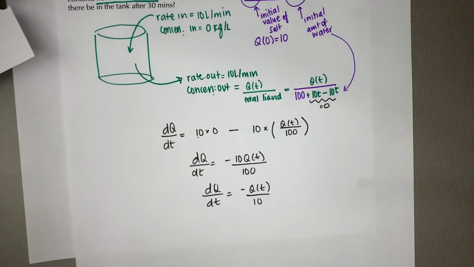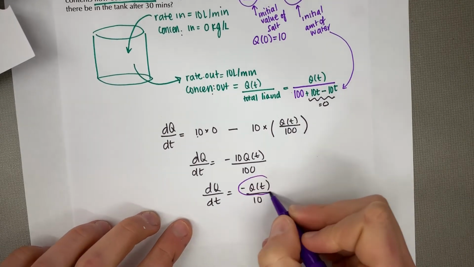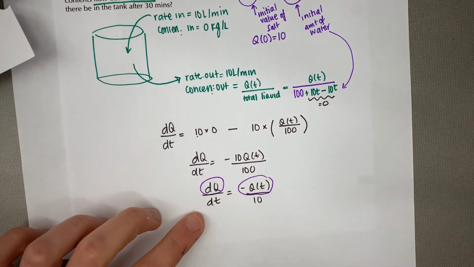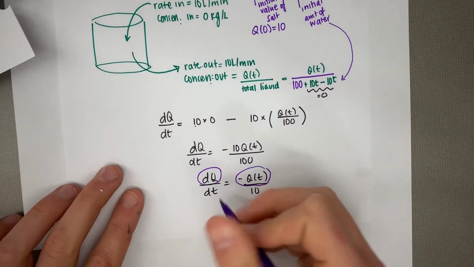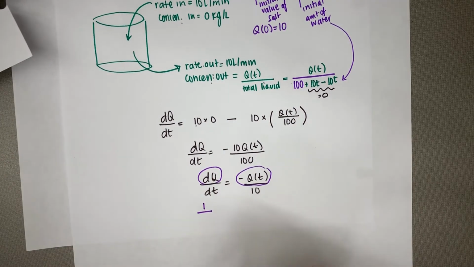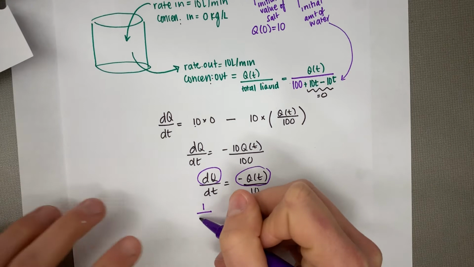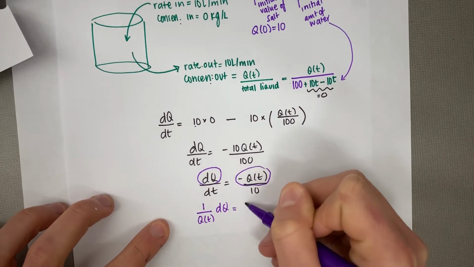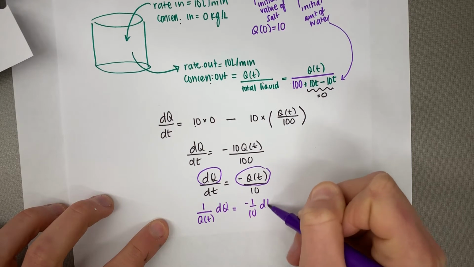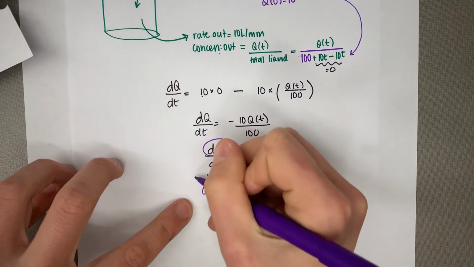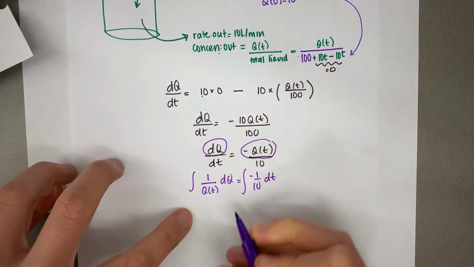From here, it becomes a separating variables problem. We want Q of t to go with dQ and dt to go with negative 1/10. So I'm going to move this over, and we'll have 1 over Q of t dQ equals negative 1/10 dt. We are going to integrate both sides.